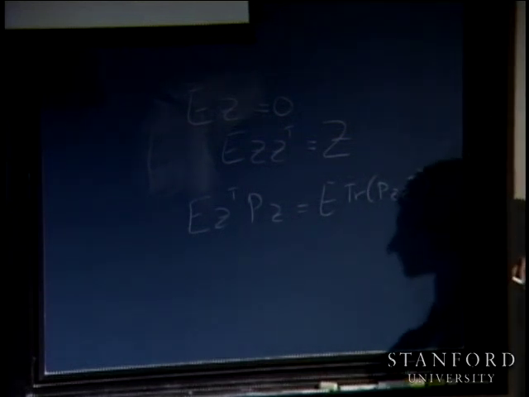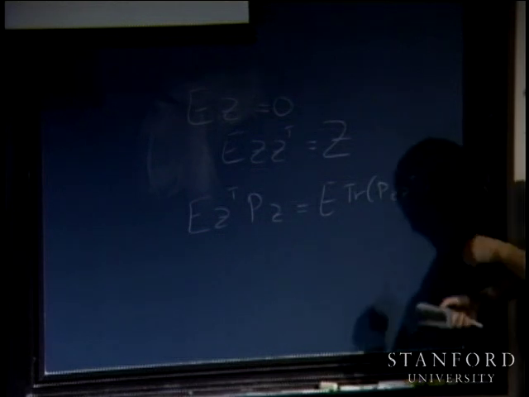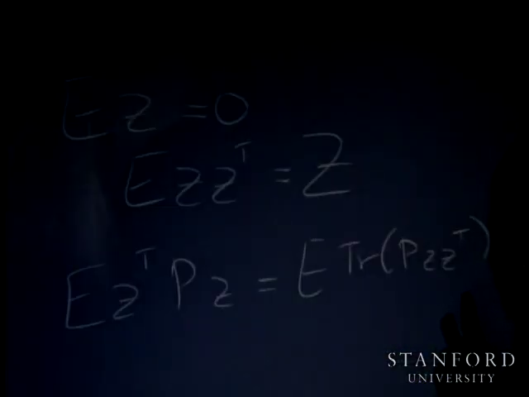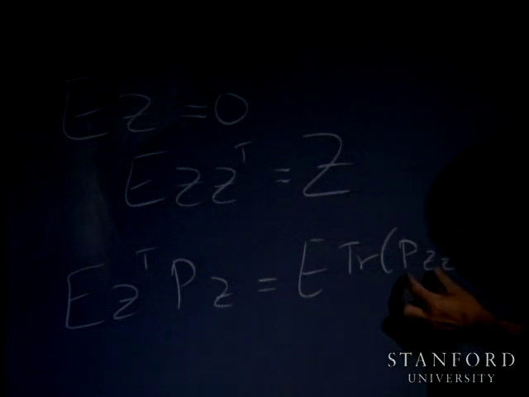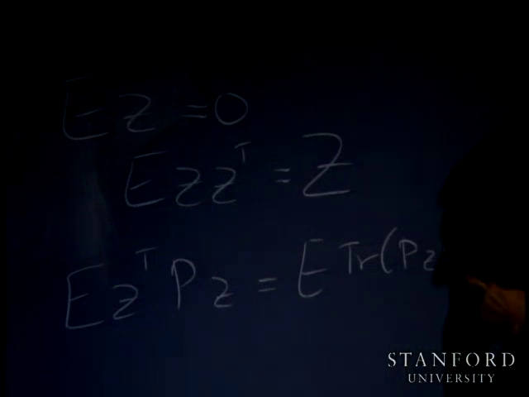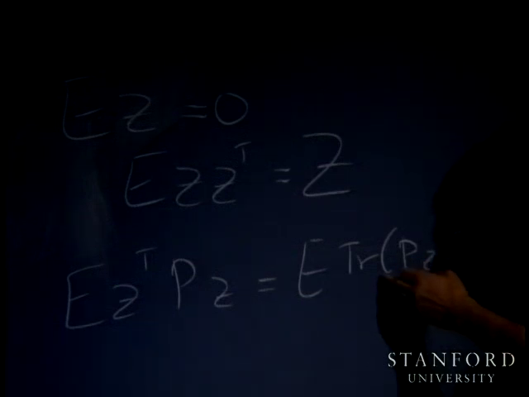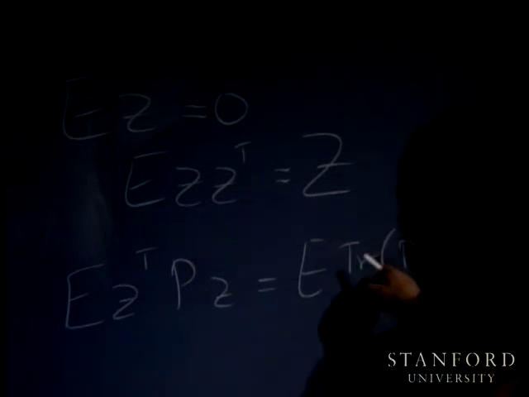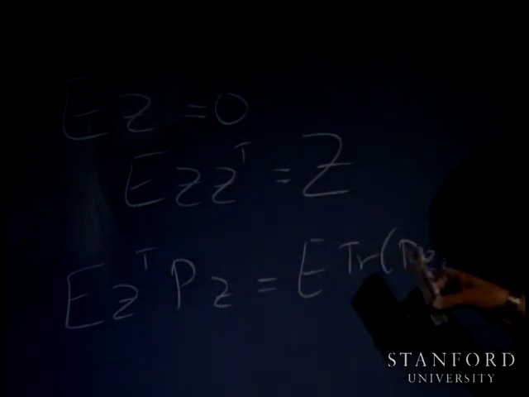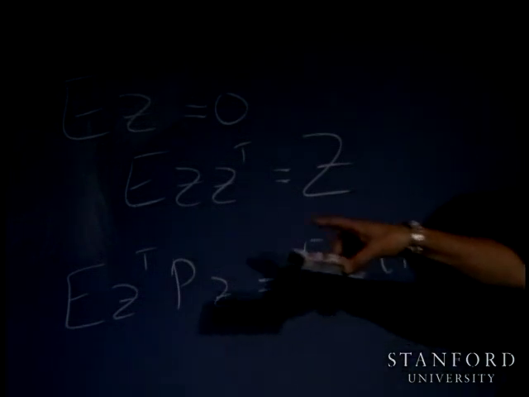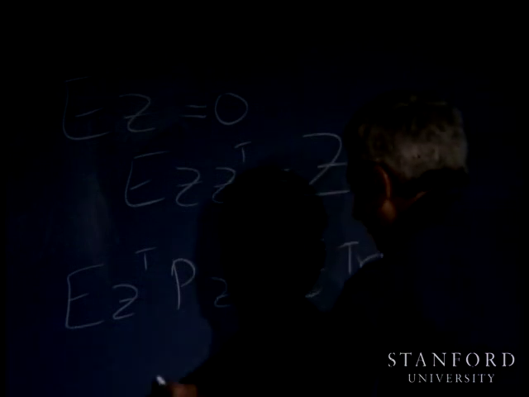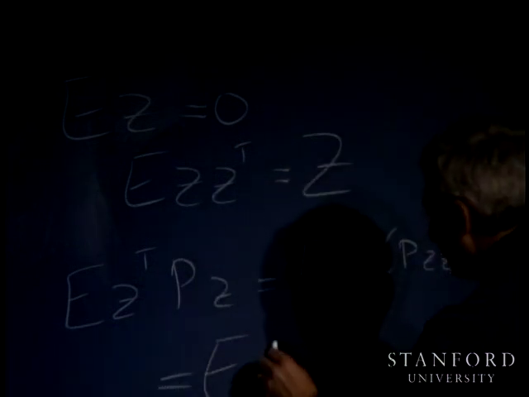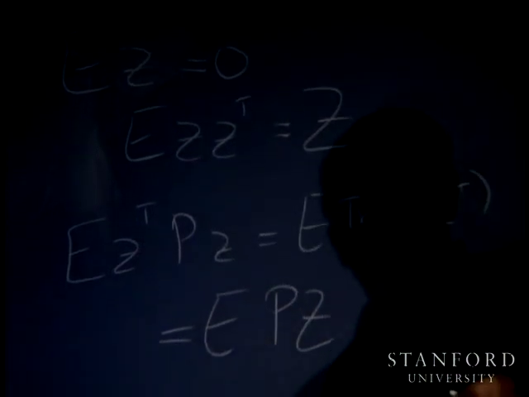The way you know that this is right is that trace AB is trace BA. So I could write this as trace of P z times z transpose, which is the same as trace of z transpose P z. But then it's the trace of a scalar, so it's the same thing. The expectation floats inside to the z z transpose. You get capital Z, and you get the trace of P Z, like that.